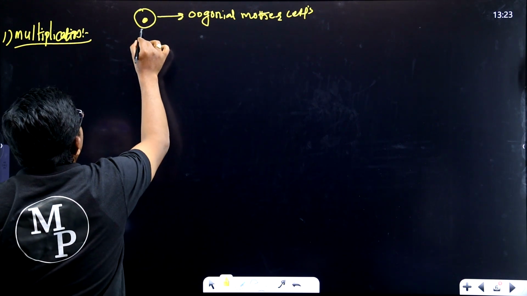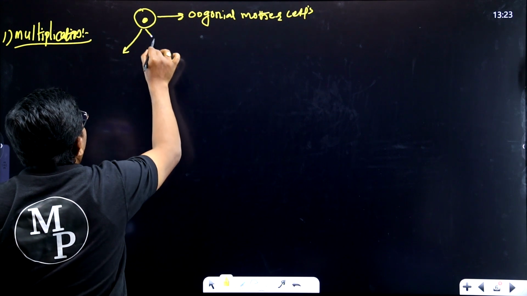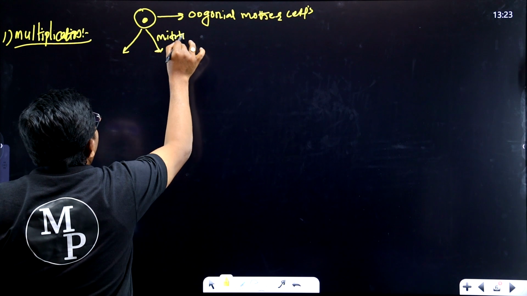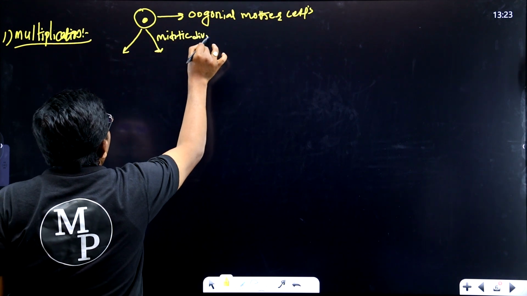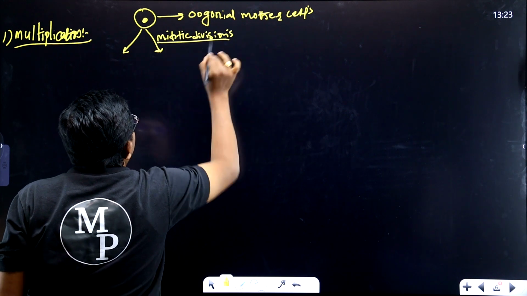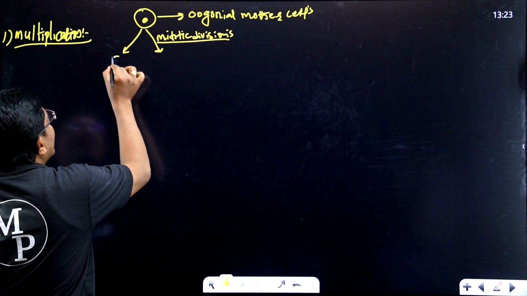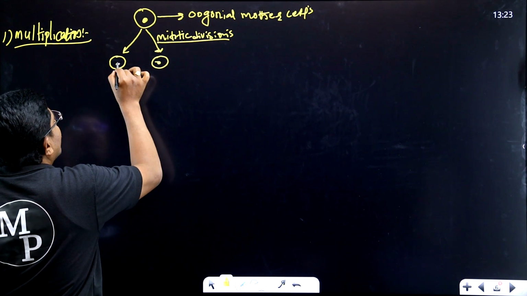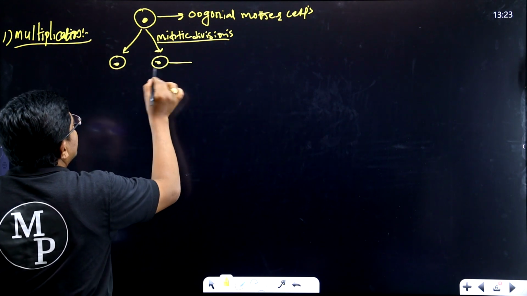After that, these cells enter repeated mitotic divisions. By the repeated mitotic divisions, oogonial cells are formed; these are the daughter cells.